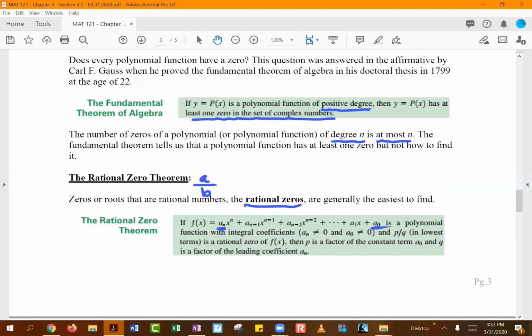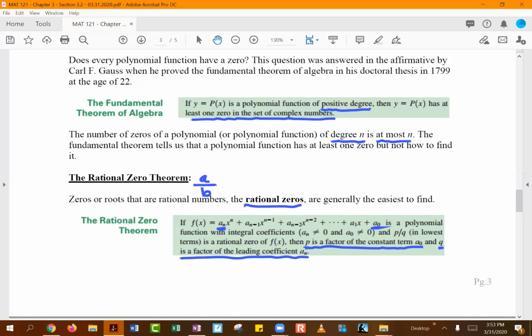So you're going to take the first coefficient of your polynomial function and the last coefficient of your polynomial function, and you are actually going to set it up where you take the factors for the constant term, which is what we're calling p, and divide it by the factors of your leading coefficient term.